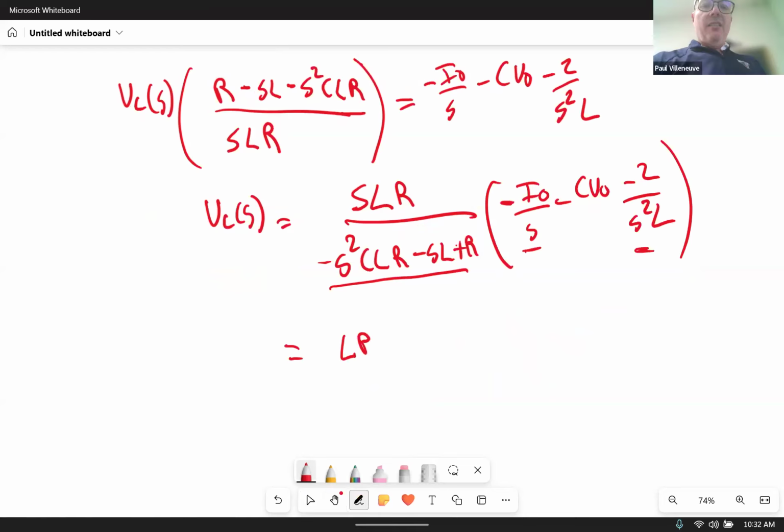This is LR over here, that's multiplying the first 2 terms.